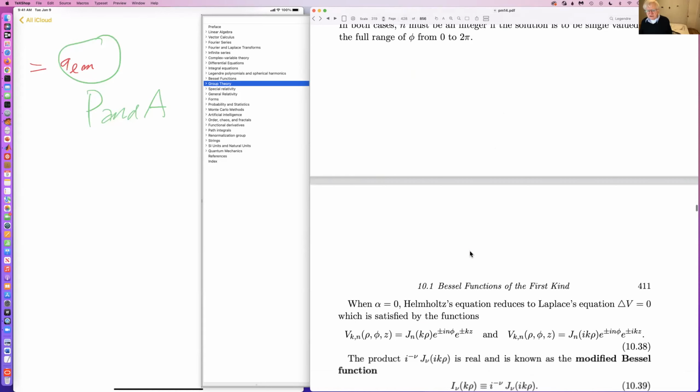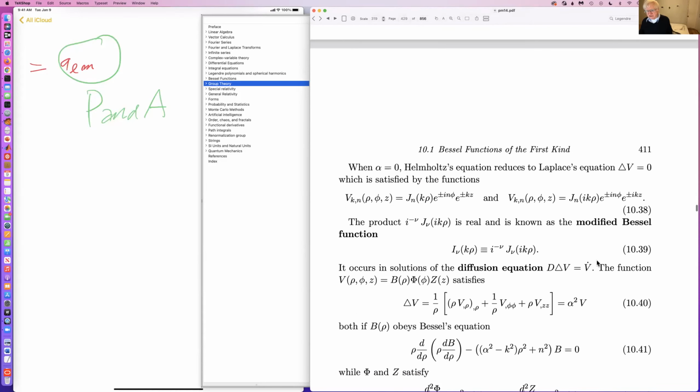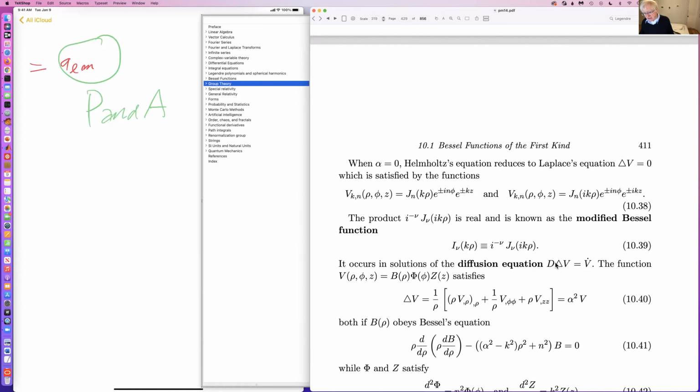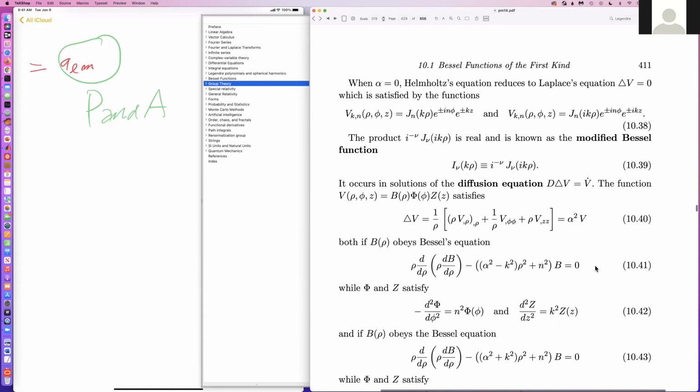On the other hand, in the diffusion equation, we have a different equation, and in this case it's plus Laplacian equal to the time derivative.